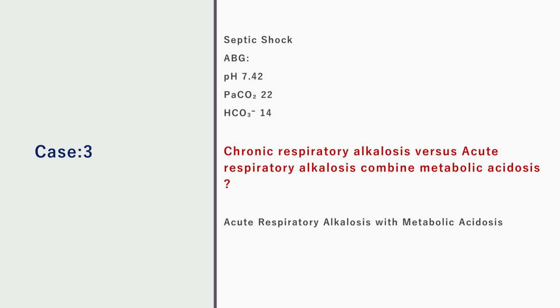Additionally, any value of bicarbonate below 12 signifies combined disorder, as this value is less likely in respiratory alkalosis alone. Calculate anion gap to confirm. In this patient of sepsis, although the pH appears normal, this patient actually has respiratory alkalosis with metabolic acidosis. A normal pH never excludes a mixed disorder.